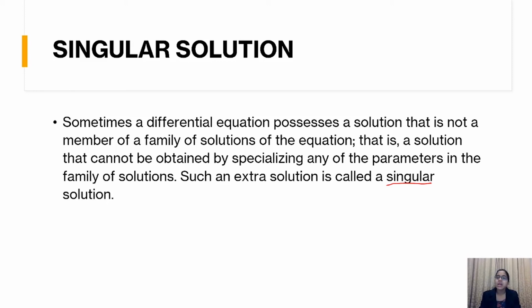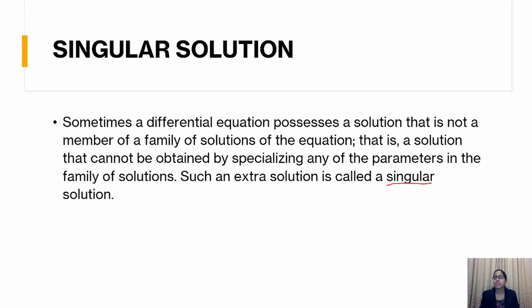So sometimes a differential equation possesses a solution which is not a member of the family of solutions of the equation. That solution cannot be obtained by giving any particular value for the parameter. We have seen in the previous example that we had to give two different values for the parameter, then only we would obtain that particular solution.